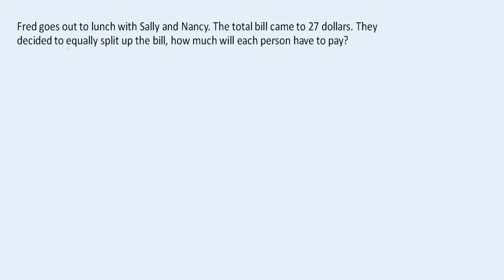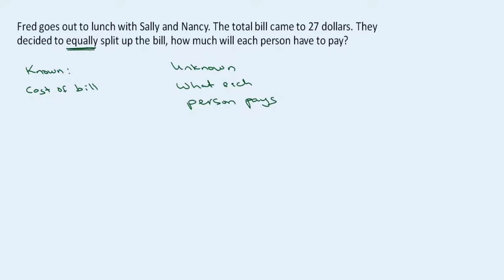So the keyword here is equally. So what do we know? Let's create this. Known is the cost of the bill. Unknown is what each person pays. We have a keyword equally, so we know we're dividing.